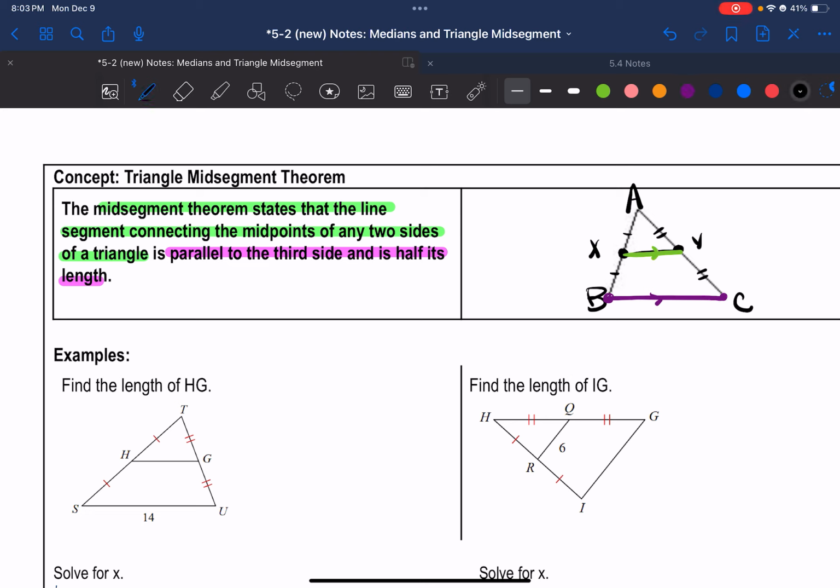So half of BC is equal to XY, or BC is equal to twice XY. Okay, and that's stating that theorem over there.